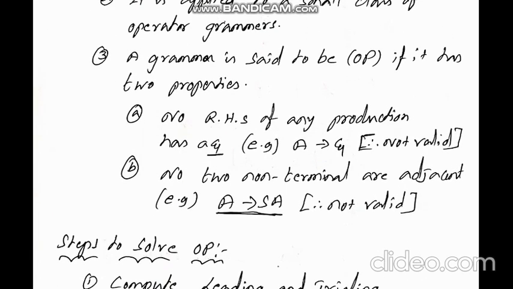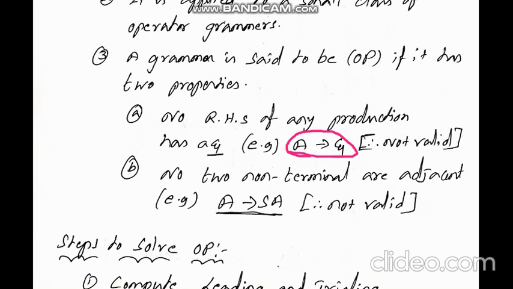The grammar in operator precedence always has two properties. Number one, no RHS of any production can be epsilon. For example, if you have A tends to epsilon, then we cannot call this production a valid production.